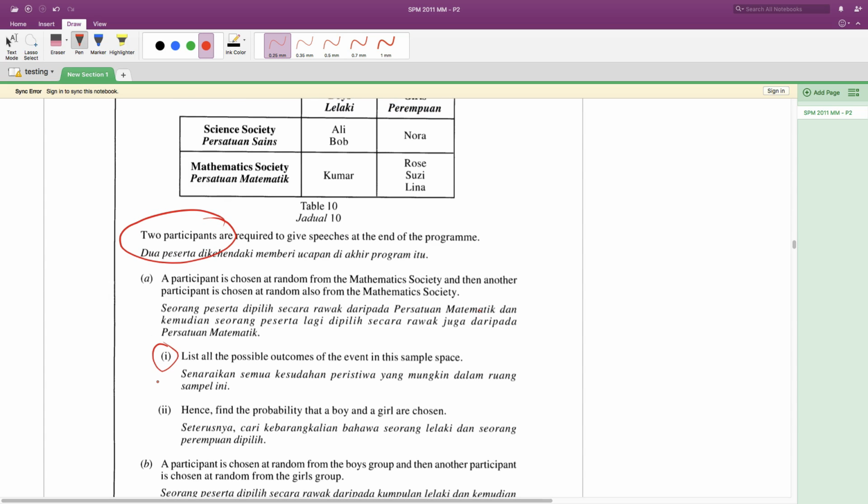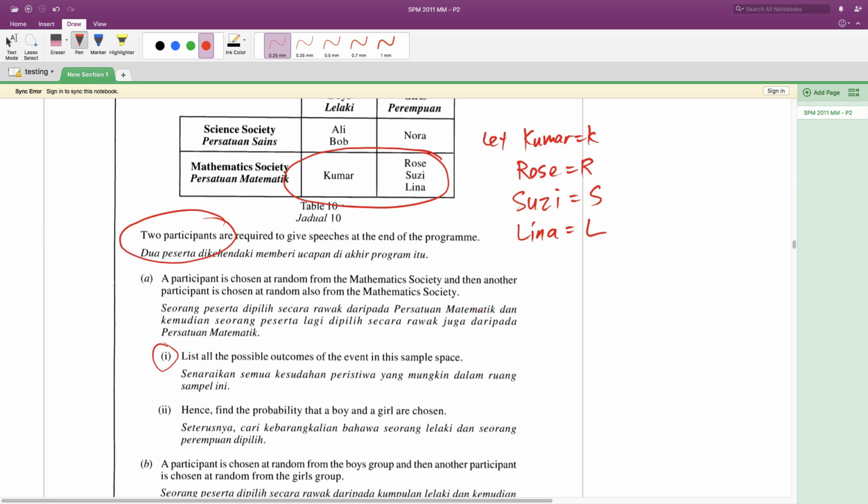So if I want to do this one, I can let Kuma equal K because I want to save time. Then I let Rose equal R, Suji equal S, and Lina equal L. Now I will choose from the Math Society.